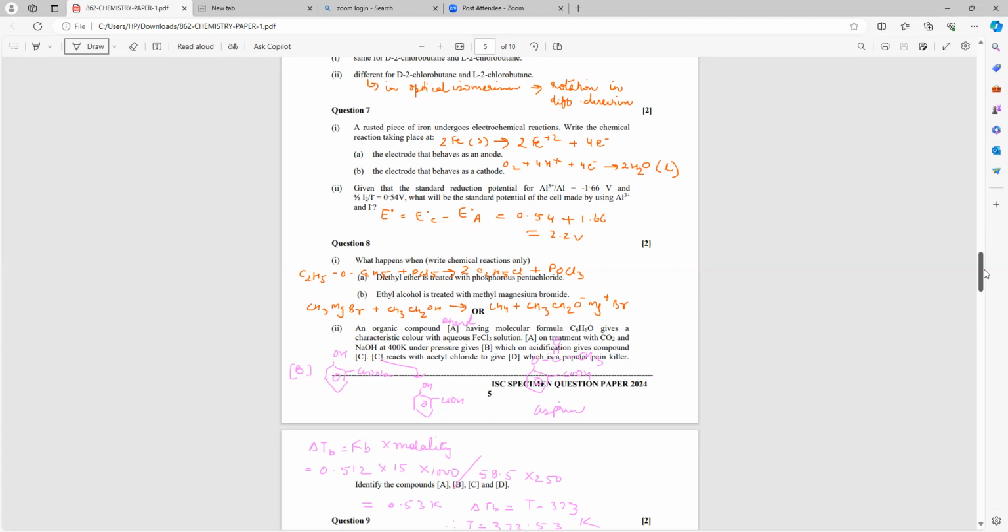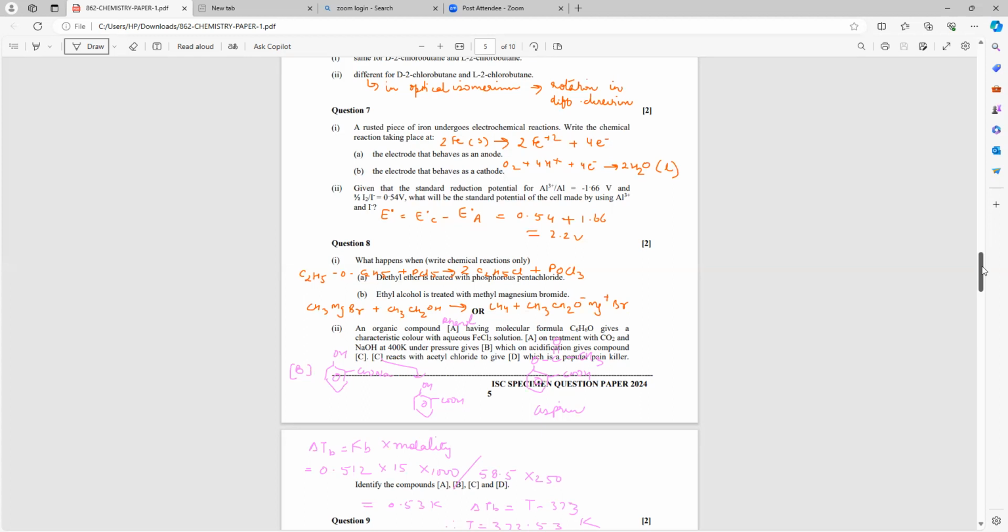So I have written A is phenol, B is sodium salicylate, C is salicylic acid, and D is aspirin, which is a very important painkiller.